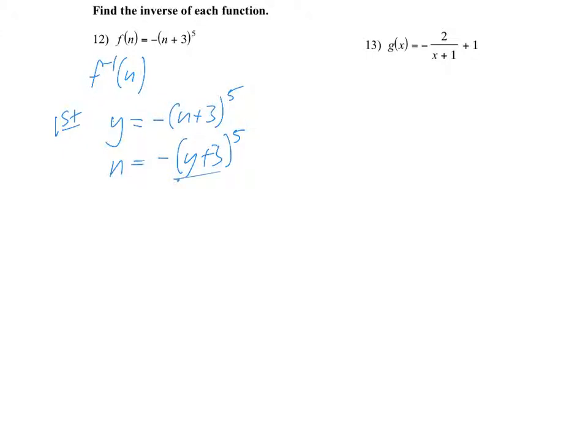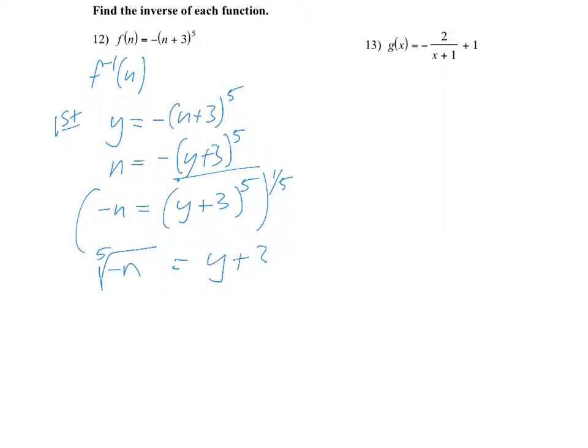Okay, we want to get this term all by itself, so multiply both sides by negative 1. So negative n is equal to y plus 3 to the fifth power. Well, we need to get the y by itself, so we're going to raise both sides of the equation to the 1/5 power. 1/5 power is like taking the fifth root of negative n, and this is just going to give us y plus 3.